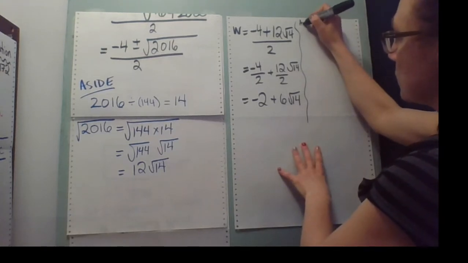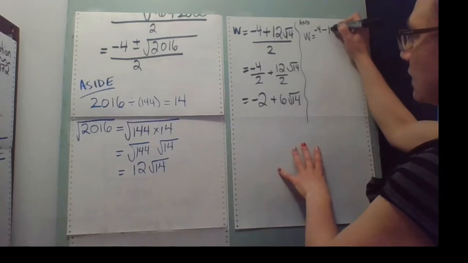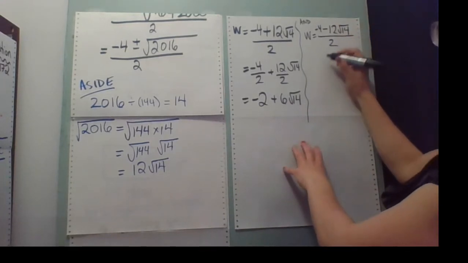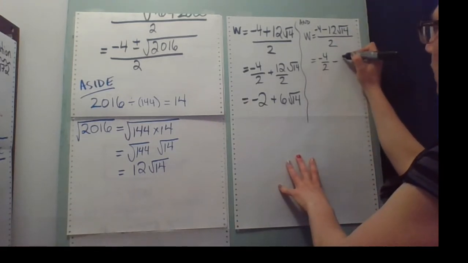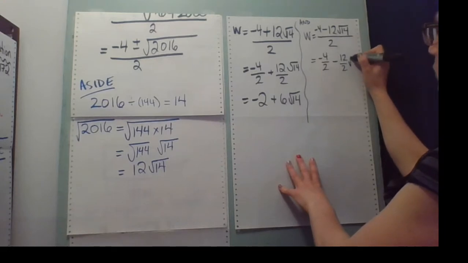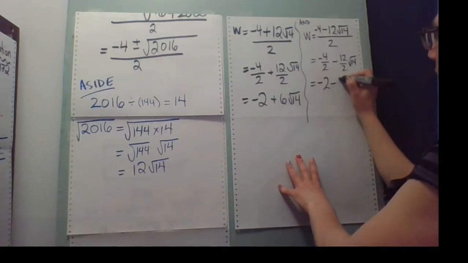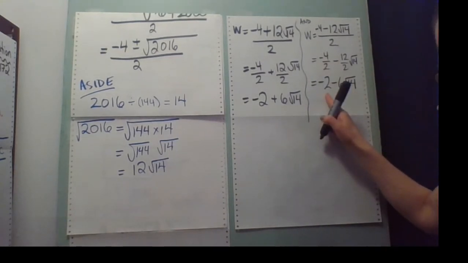And we're going to have when our width is negative 4 minus 12 root 14, all divided by 2. That gives me negative 4 over 2 minus 12 over 2 root 14. Simplify that out, and we get negative 2 minus 6 root 14. Well, that's going to give me a negative number, isn't it?